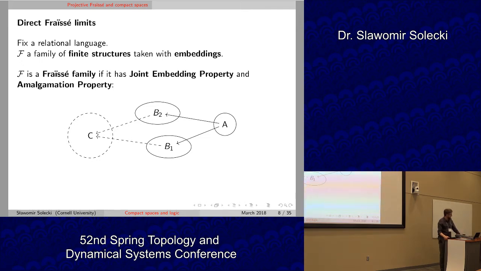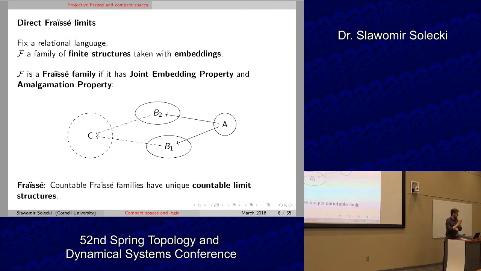Okay, so the amalgamation property. And then what Fraisse noticed is that if you have a countable class of finite structures of this sort, then you can take the limit of the family. There is a unique countable structure, unique up to certain properties, that can be considered the limit of the family.